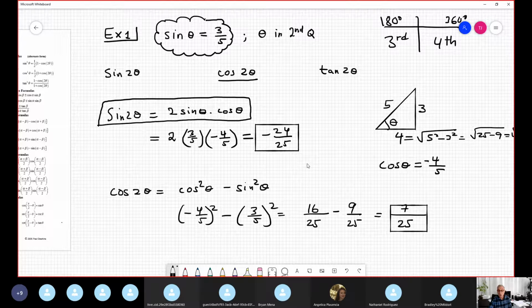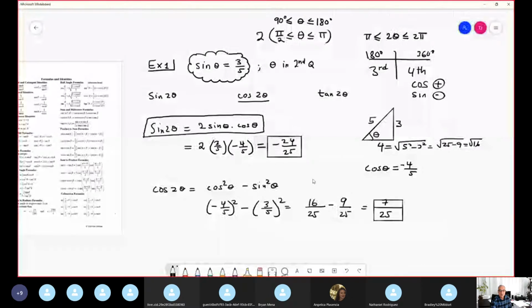Now I find the conclusion then. Okay, our double angle lies in the fourth quadrant because in the fourth quadrant I know cosine is positive and sine is negative. Okay, this is the conclusion. And what about tangent? Because the problem asked me for 3 trigonometric functions.